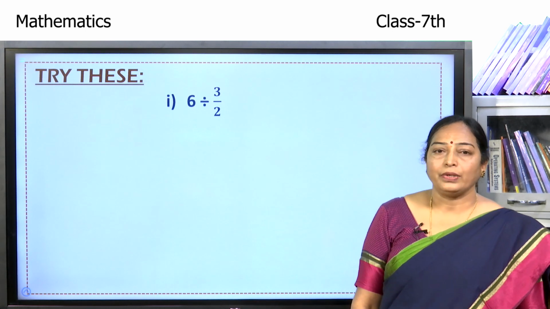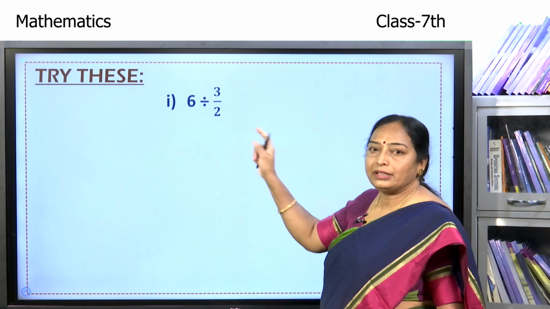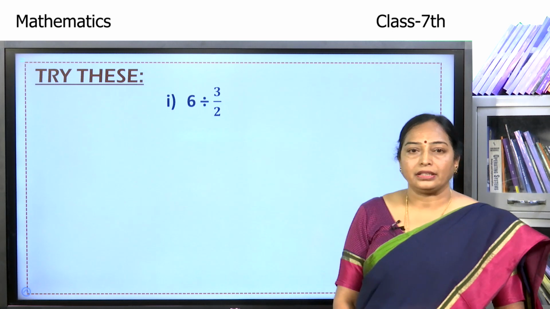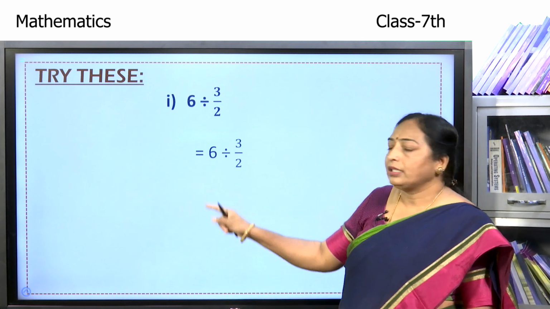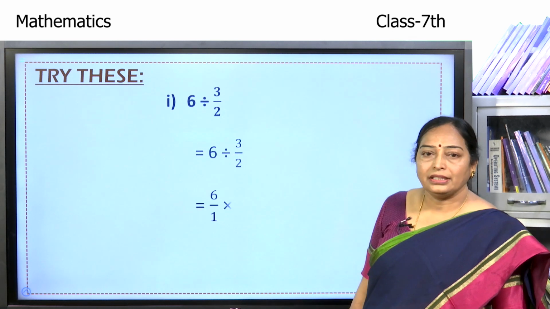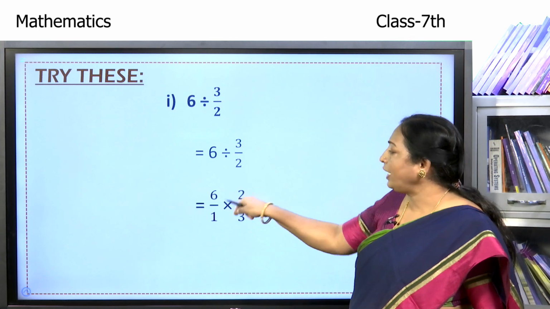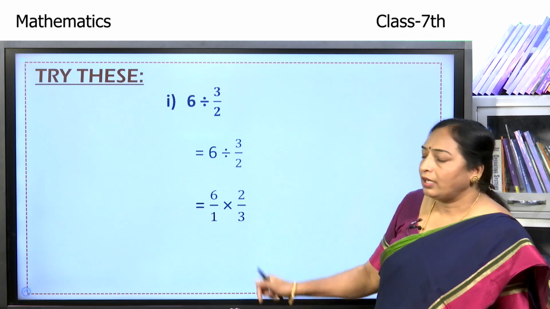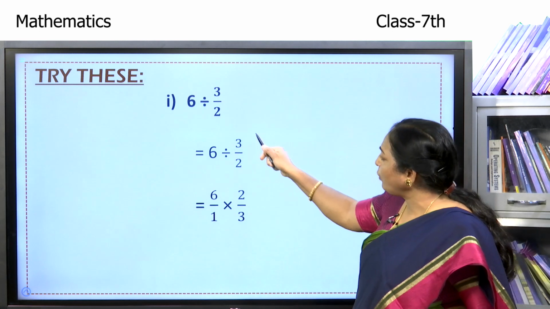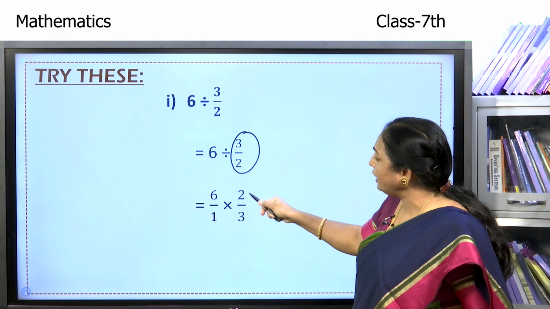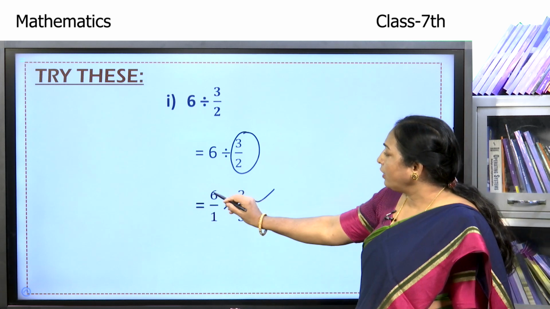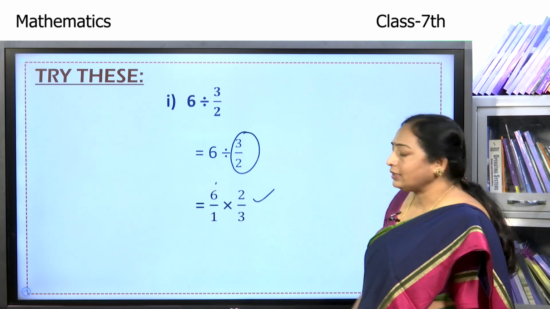Let us take one example, 6 divided by 3/2. 6 is a whole number, 3/2 is a fraction. What do you have to do now? The division sign is changed to a multiplication sign, and 6 is multiplied by the reciprocal of 3/2, that is 2/3. Here the numerator is 6, the denominator is 3.